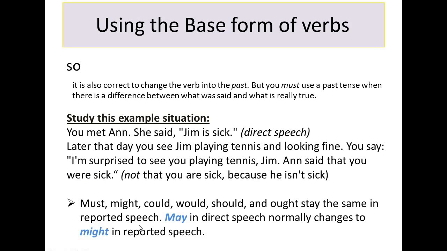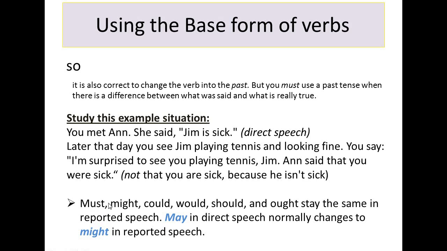Okay, let's see the modals. Must, might, could, would, should, and ought to stay the same in reported speech. We don't change these modals. May in direct speech normally changes to might in reported speech, and can changes to could.